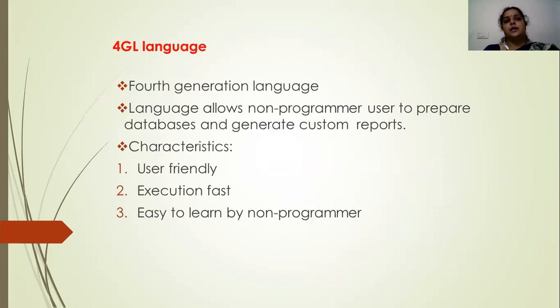Now next is 4GL. As the name suggests, it is fourth generation language. It is a much advanced form of 3GL, that is third generation language. In this type of language, even non-programmers can work. Like suppose I have to make a database, retrieve data, or extract the data from that database, then I can do it with the use of 4GL.